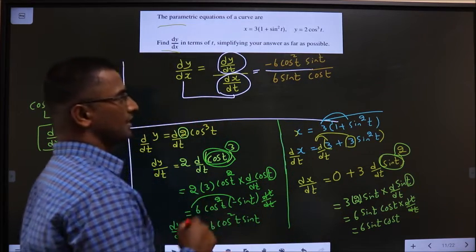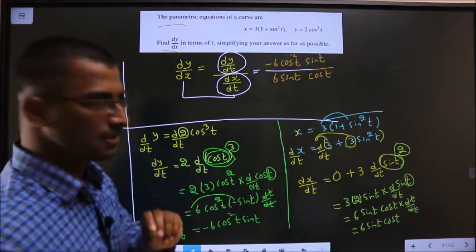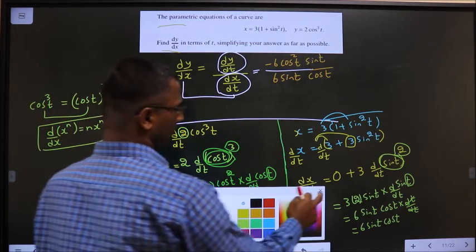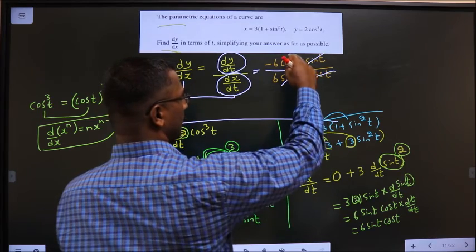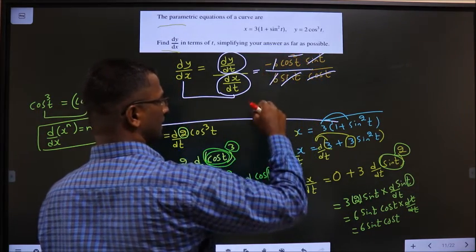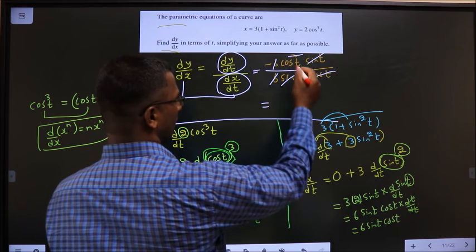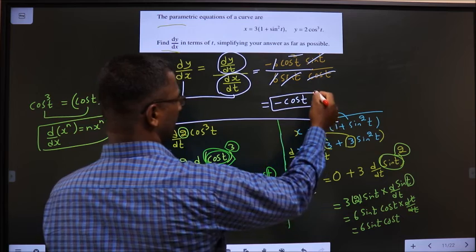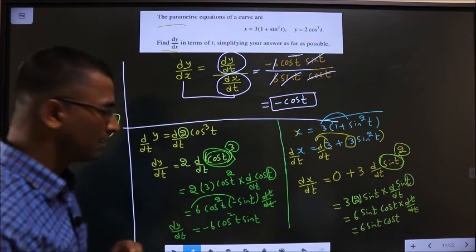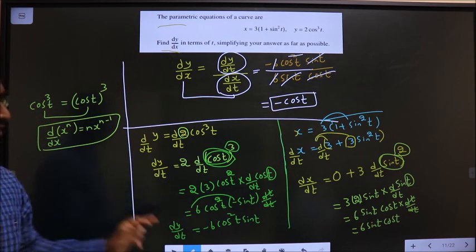Now see what gets cancelled. Sin t goes, one cos t goes, and 6 and 6 go. So you are left with minus cos t. So this is our answer. Clear? Understood the method?